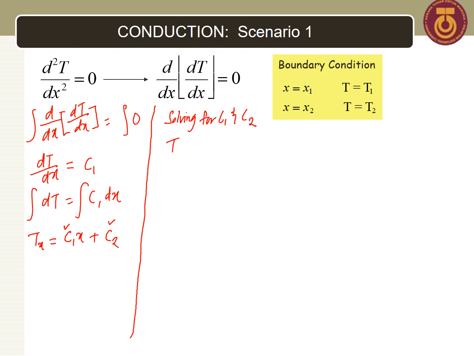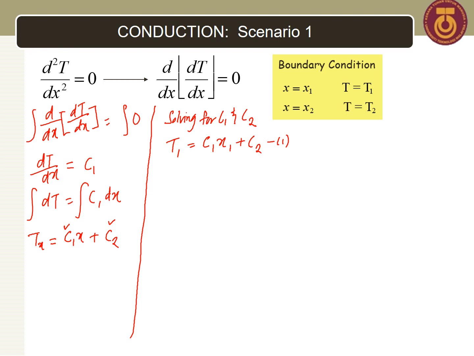So with the first boundary condition, we know that T1 equals C1x1 plus C2, equation 1, because according to our boundary condition, at x1 the temperature is T1.